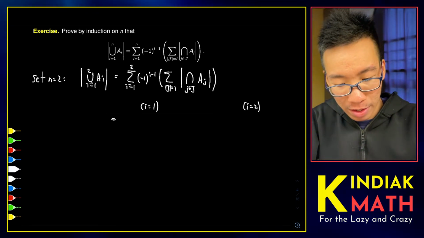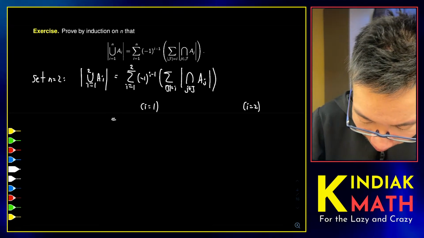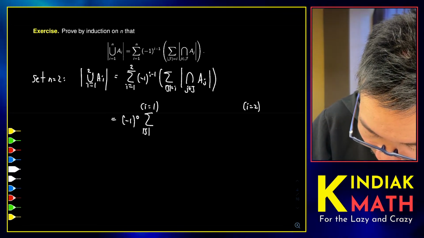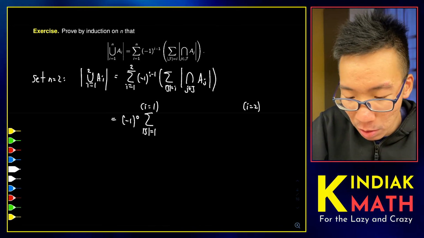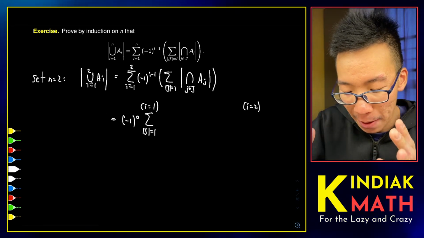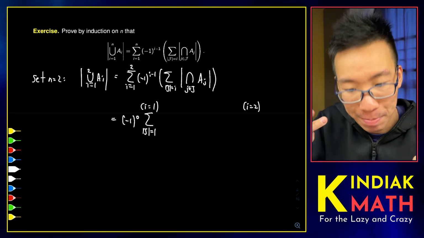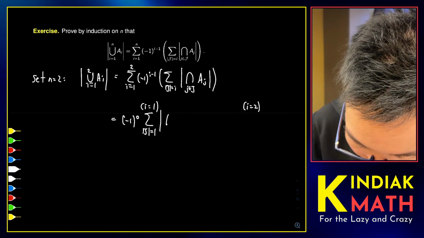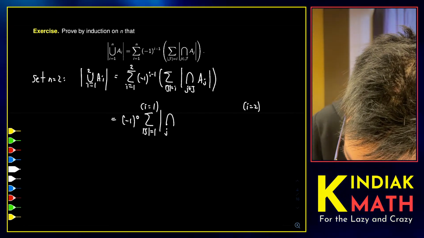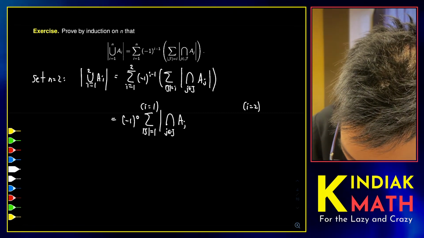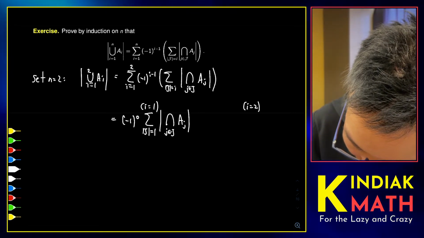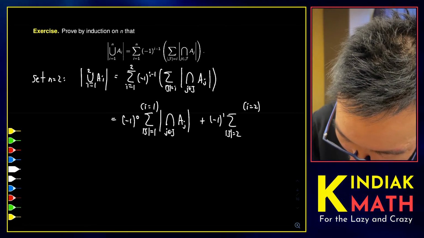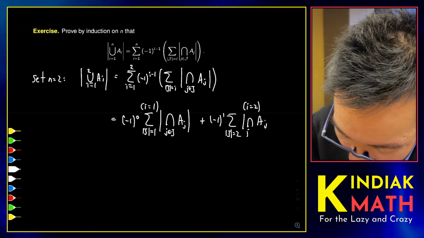For i equals 1, we are going to get minus 1 to the 0, summing over all of the sets where it has one element, where there's one index, and it will be the intersection over j in J of Aj, plus minus 1 to the 1, summation, j equals 2, intersecting Aj.